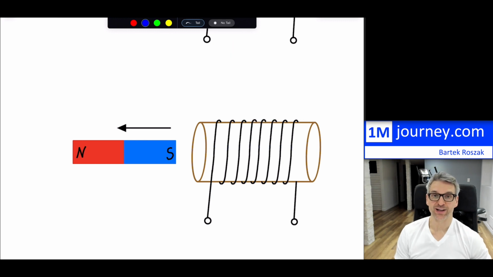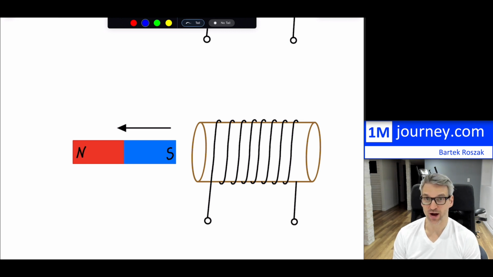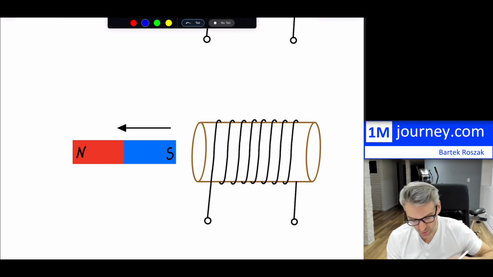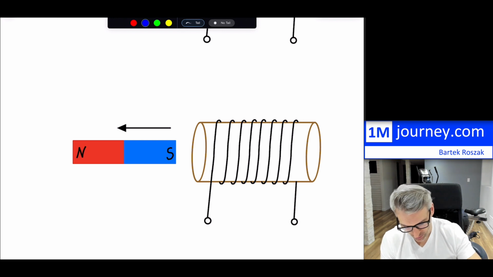So again, if a north pole is being brought into the coil, you counteract with a north pole. If a north pole is moving away from the coil, then you counteract with a south pole, because you want to try to stop that change, or at least nature wants to stop that change, to have the law of conservation conserved within it. So that's what you would have there.